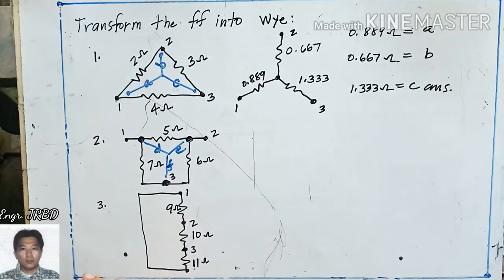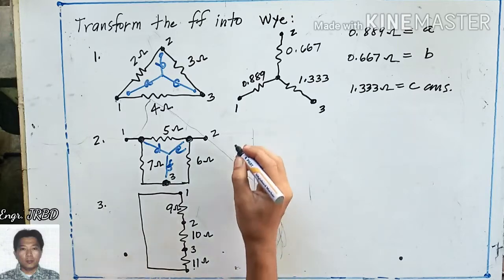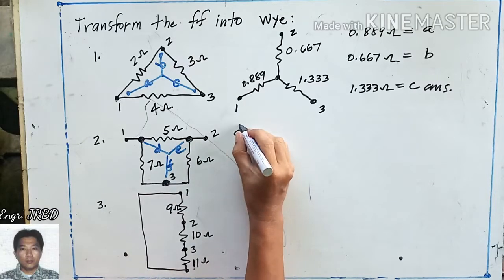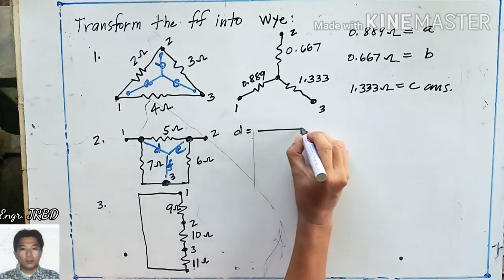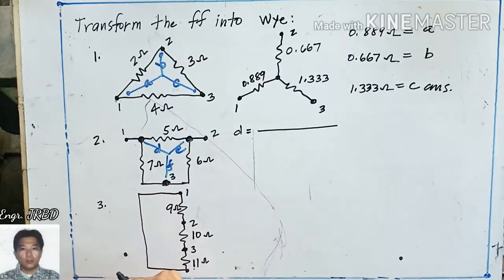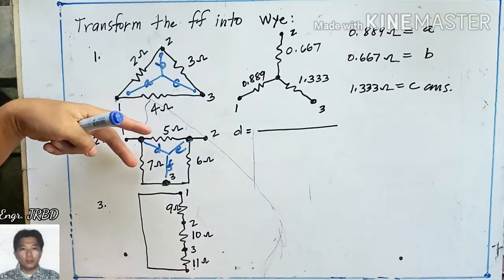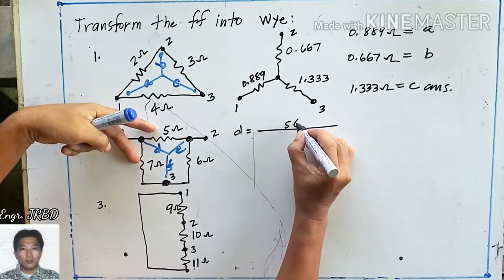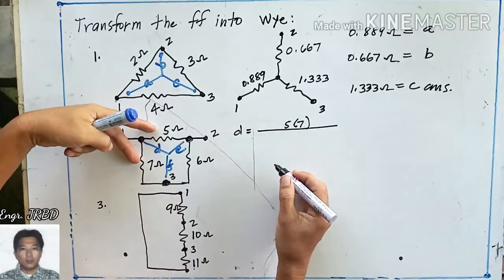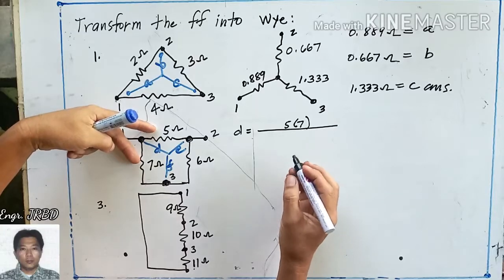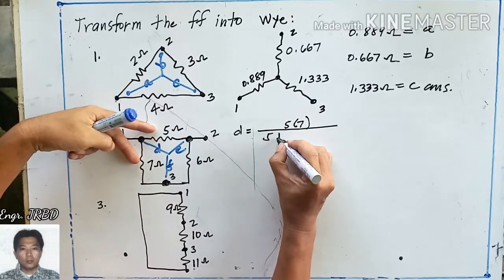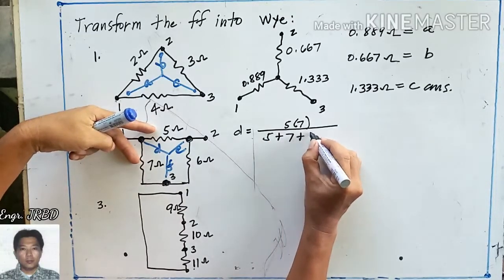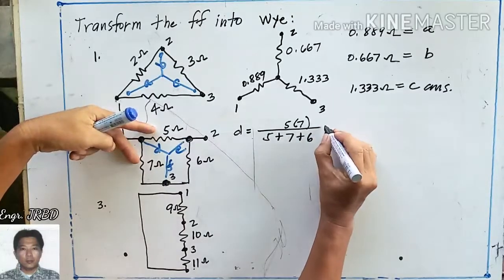Okay, let us try to find what D, E, and F are. So for D, from the rule, the product of the two adjacent legs, that is 5 and 7, 5 times 7 divided by the sum of the delta connected legs, that is 5 plus 7 plus 6.